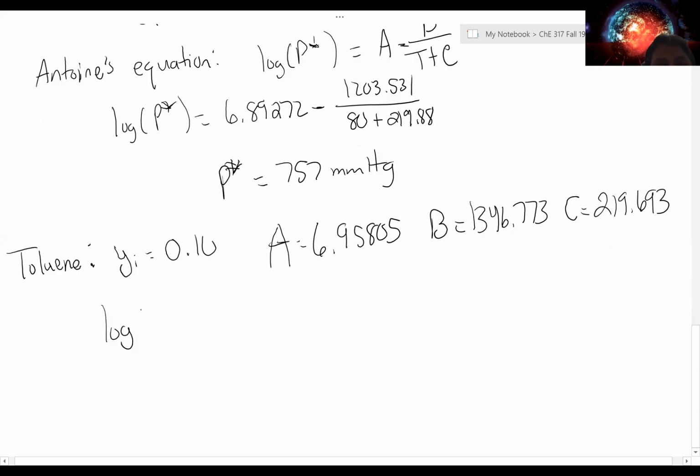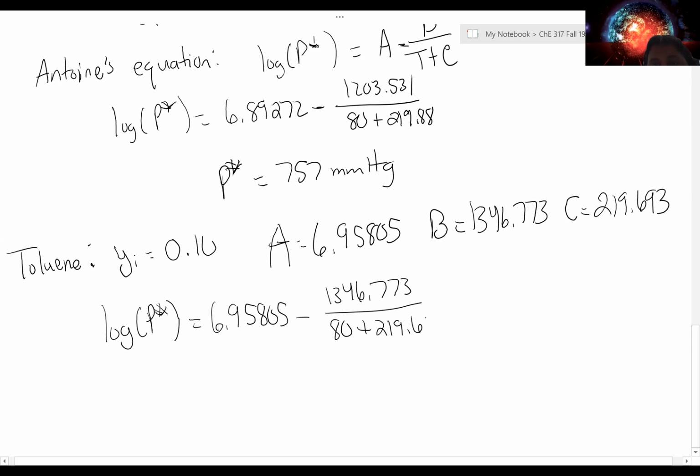So I set up this expression for the vapor pressure of toluene: 6.95805 minus 1346.773 over 80 degrees Celsius plus 219.693.